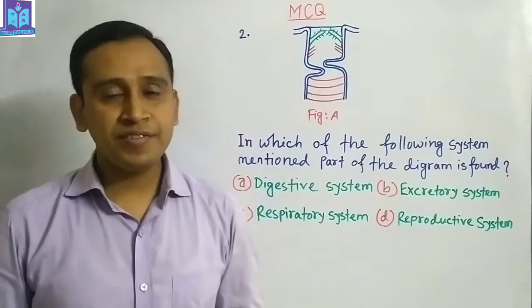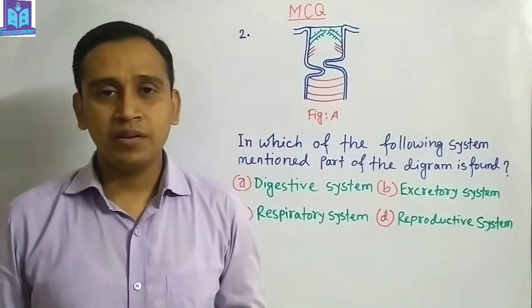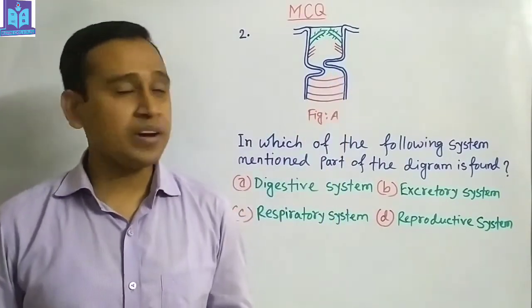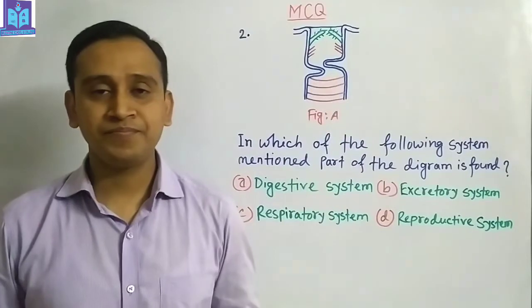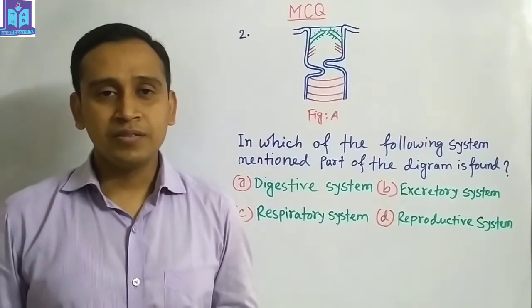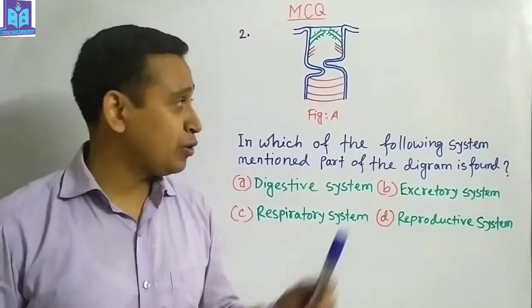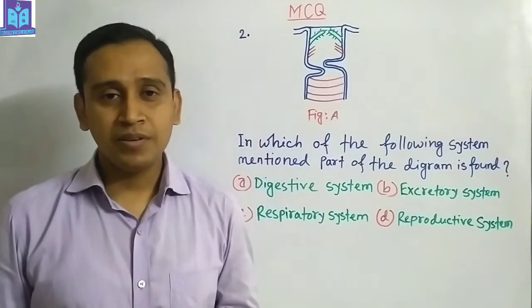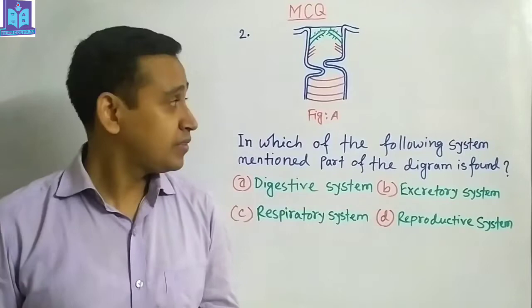This one is a simple MCQ. At first, you have to recognize the diagram. What is mentioned in the stem? My dear students, can you recognize the diagram? Yes, I think you have got it already.